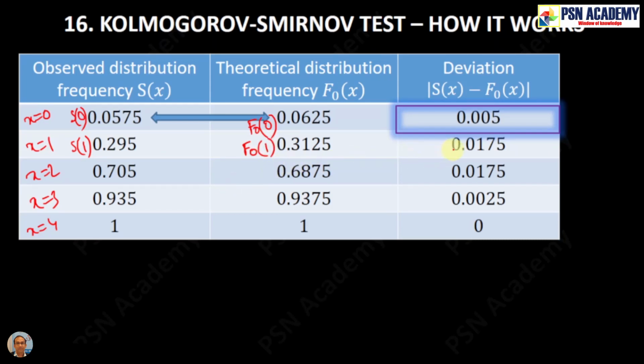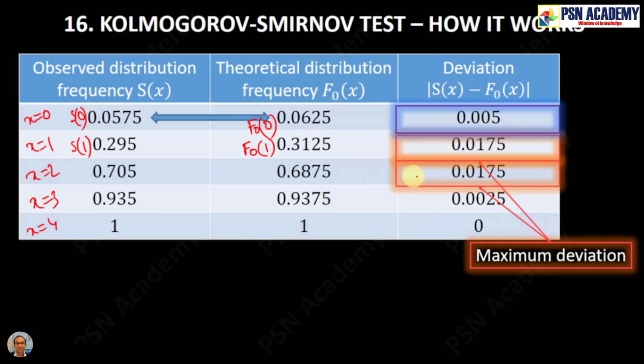So we find out the absolute deviations between these S of x and F0 of x for individual x values, and we identify that this is the maximum deviation, that is 0.0175. Now this value is appearing in two places, it doesn't matter. So we say that D suffix n is 0.0175.